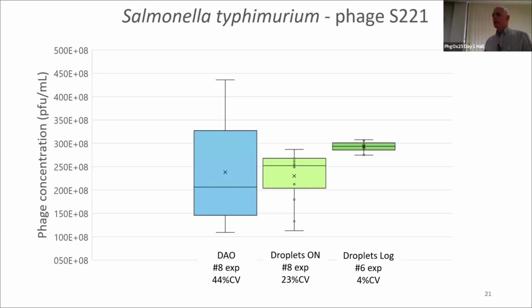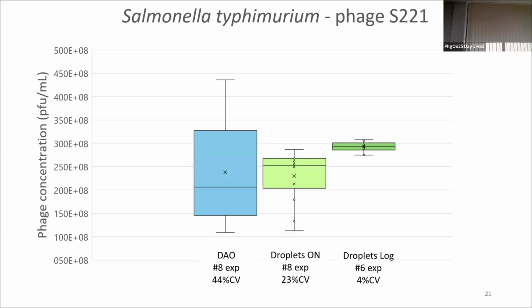And one of the last things I'm going to show is a thorough validation study of the method. So what we did here was we had a sample of Salmonella typhimurium and phages, and we checked what we would come out with using the double agar overlay method. We did 8 experiments. Those experiments were done in duplo by 2 different people, and we got a coefficient of variation of 44%.